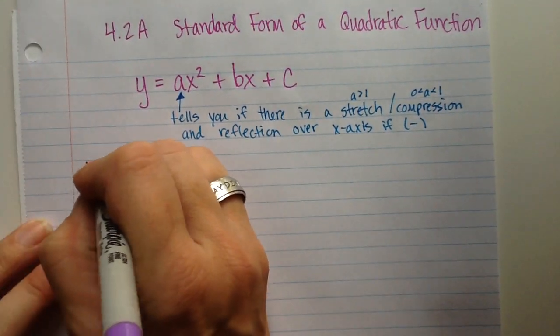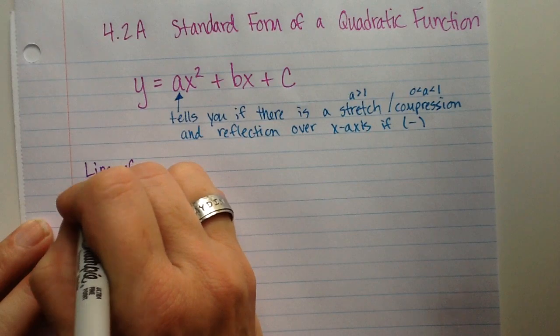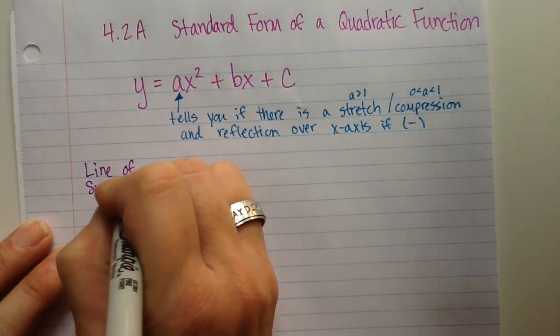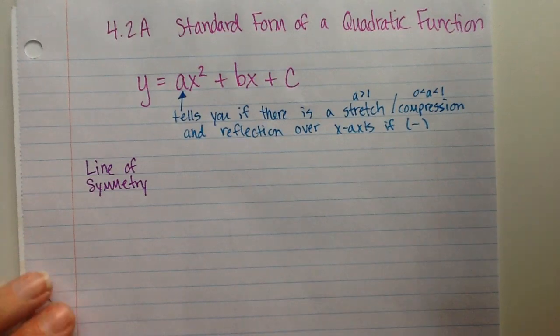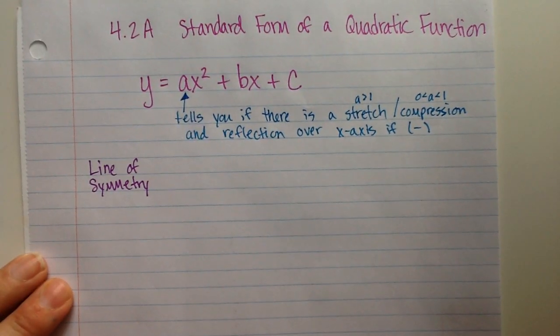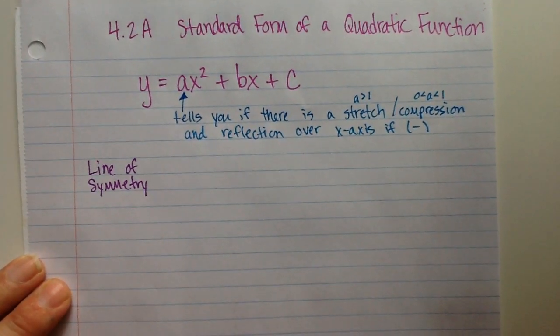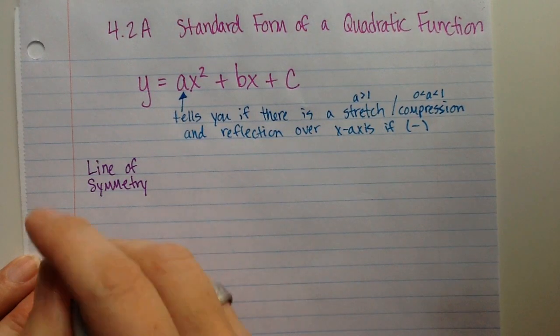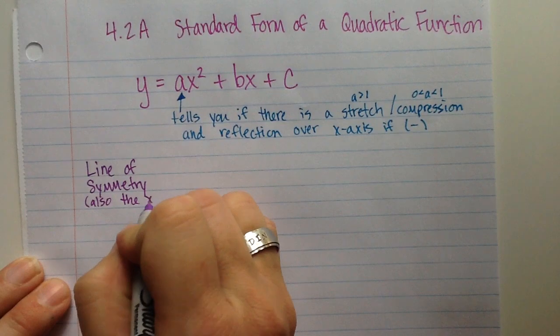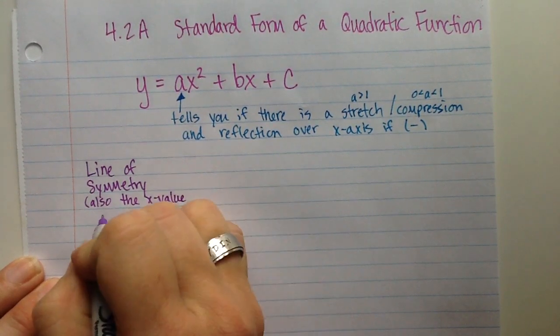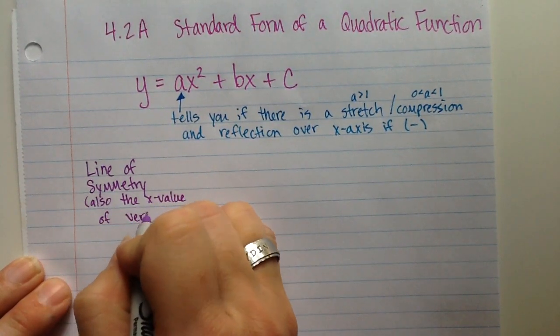The line of symmetry. Remember, the line of symmetry is a vertical line that goes through the vertex of the parabola. And remember, it is also the x value of the vertex.